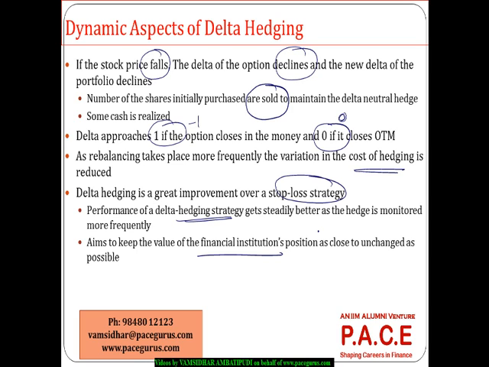Somewhere it is moving away from K, either upward or downward, we are not taking any kind of action, which means we are not able to minimize the fluctuation associated with the position. So the constancy in the position is not getting maintained in a stop loss strategy, whereas it is very much implemented in a delta hedging strategy. So that's the reason we find delta hedging to be much more beneficial and useful compared to a stop loss based hedging strategy, right?